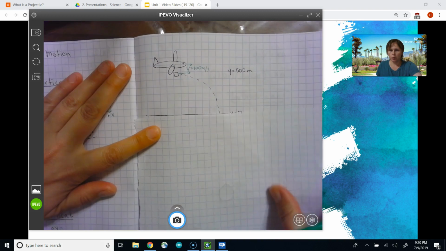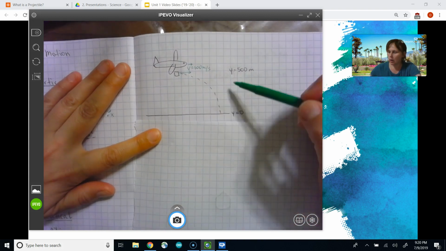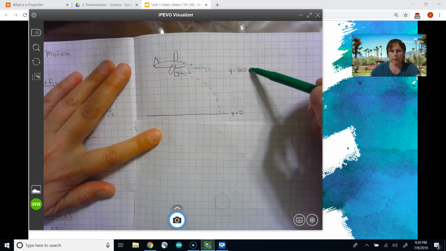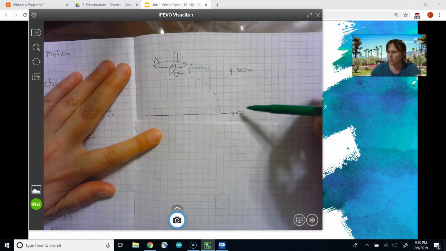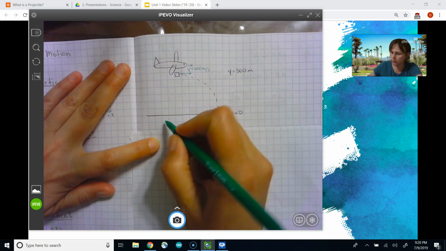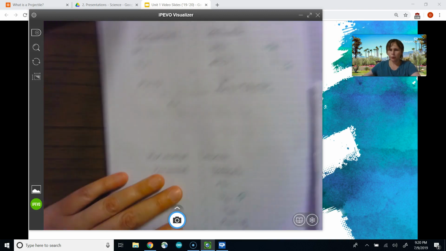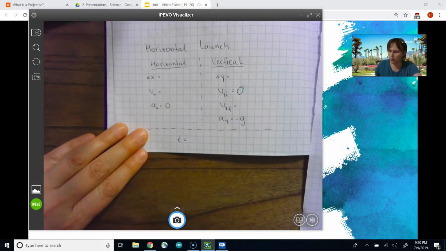So the height y equals 500 meters, and the ground level is 0. This is what we're going to show here in our table.